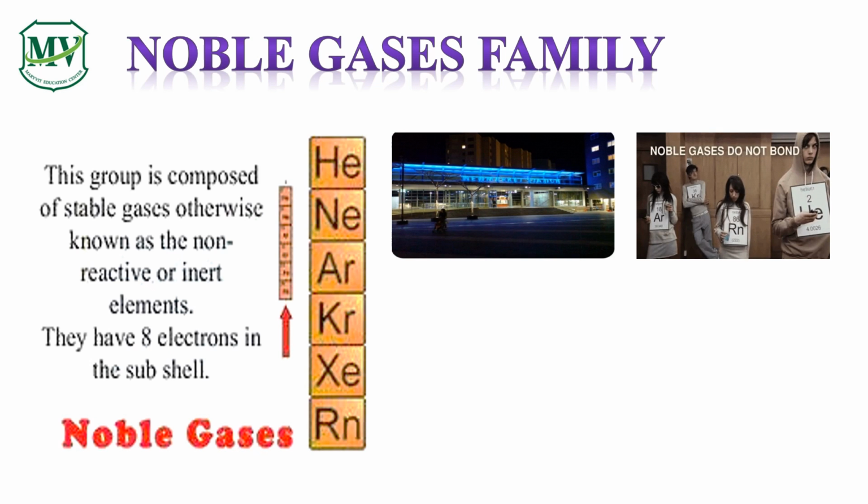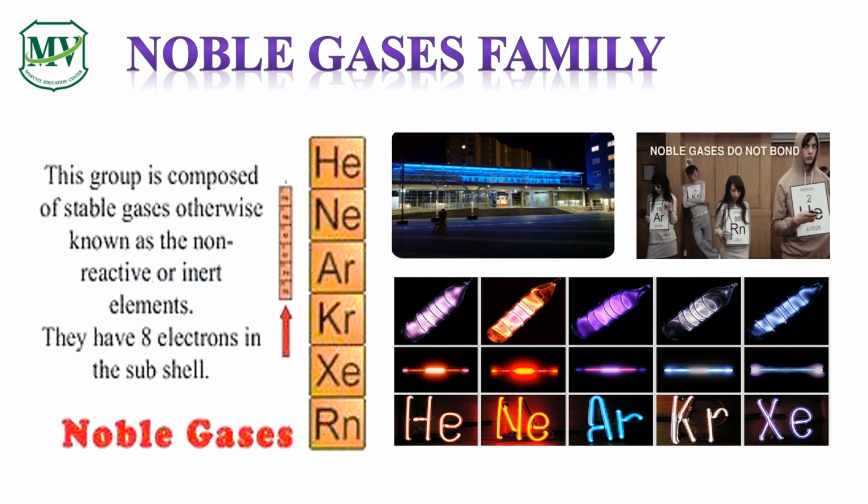Do you know what those noble gases are? Absolutely. They are composed of stable gases, also known as the non-reactive or inert elements. This group has 8 electrons in the subshell. Helium, neon, argon, krypton, xenon, and the radioactive radon are the 6 naturally occurring noble gases.